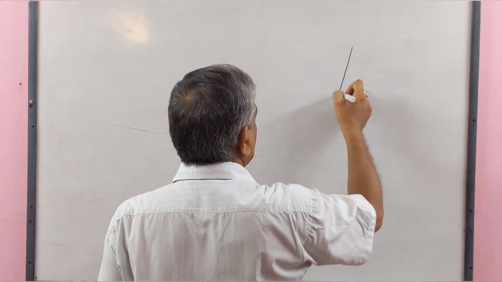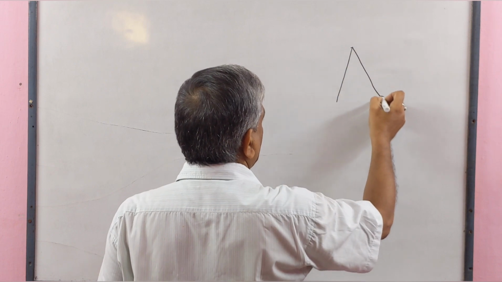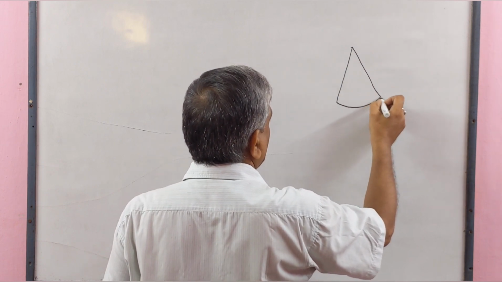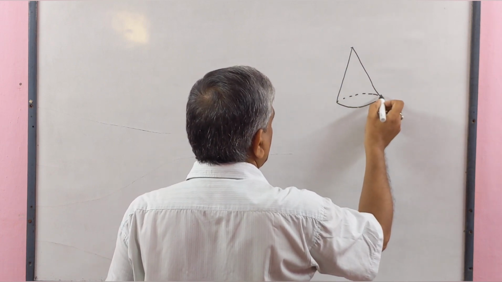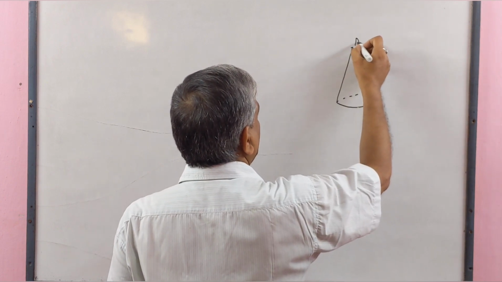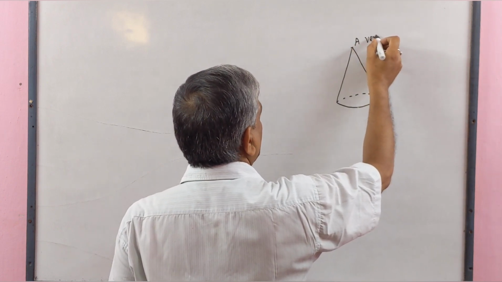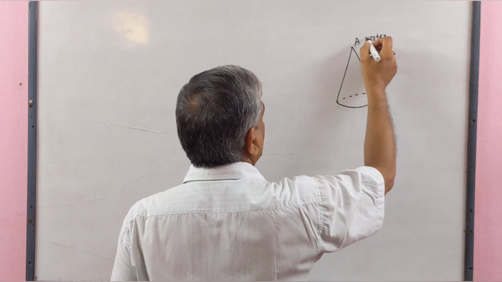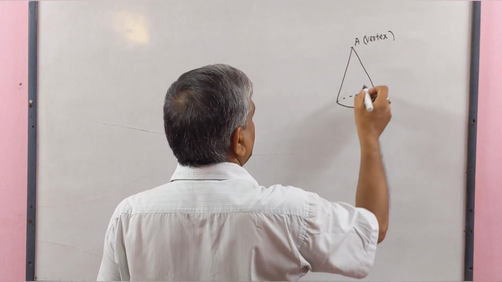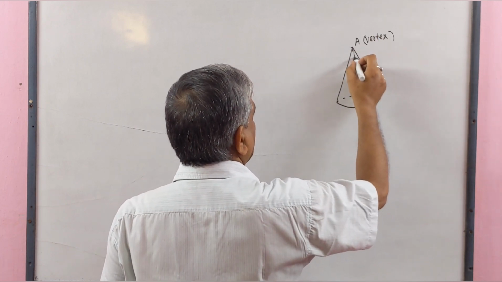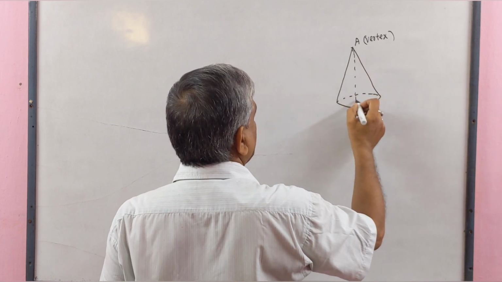This is the cone. This is the vertex, and this is the height.